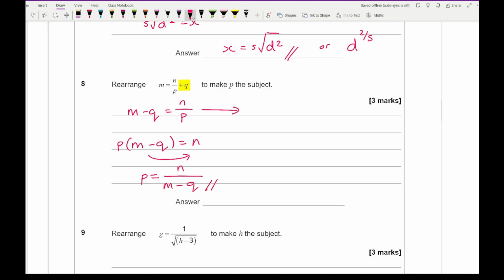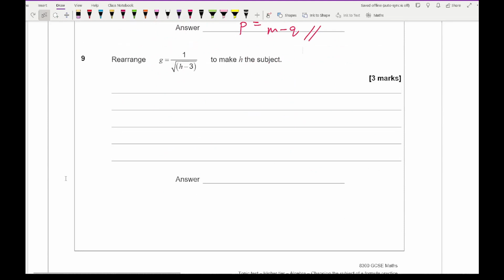Alternatively, if I created a triangle, I've got n, p, and I've got m minus q. Then to make p the subject, that's going to be n over m minus q equals p. So p equals n over m minus q.